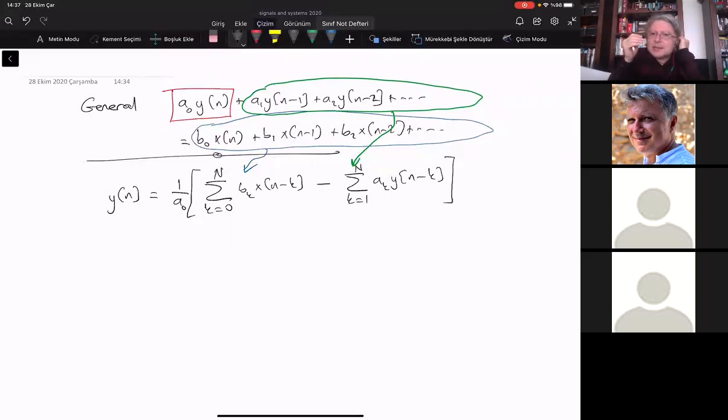When their orders are different, you know what that means? That means an exam question. So I'm going to do the easy case, when this N and this N are the same.